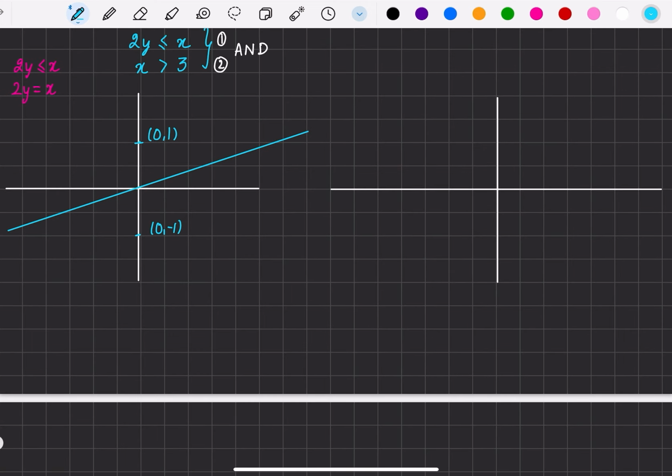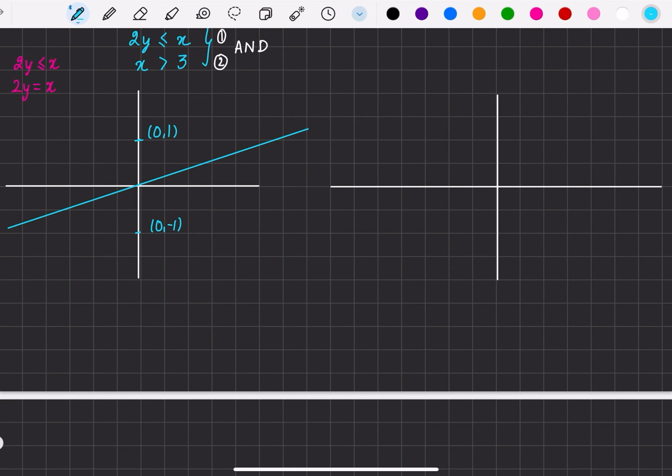Does (0, 1) satisfy this inequality? Let's check. Is 2 times 1 less than or equal to 0? No. But is 2 times -1 less than or equal to 0? Yes. Hence the solution space is going to be this. Here's a very important point to note.